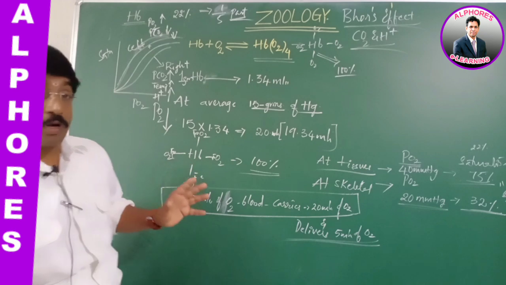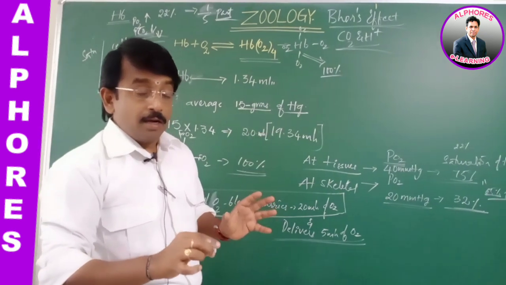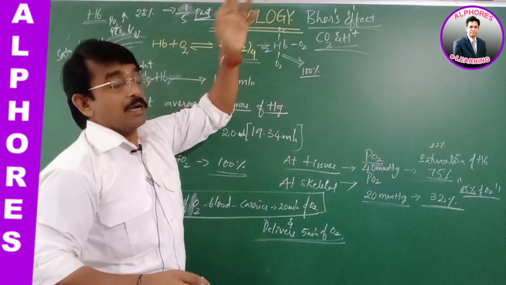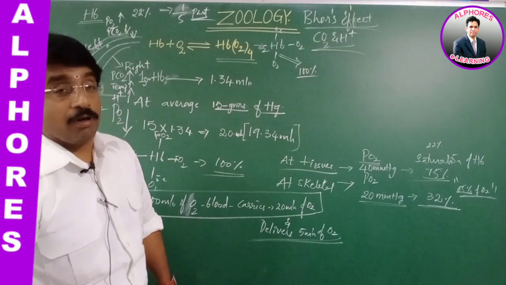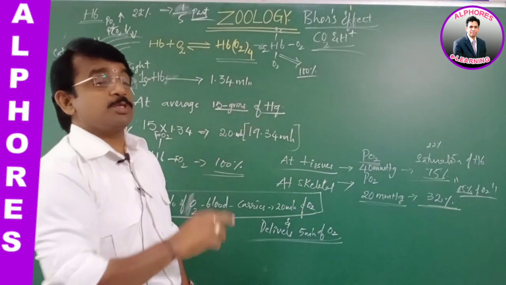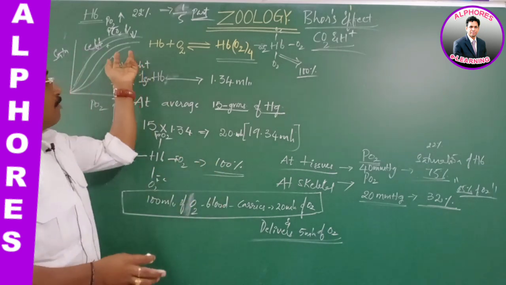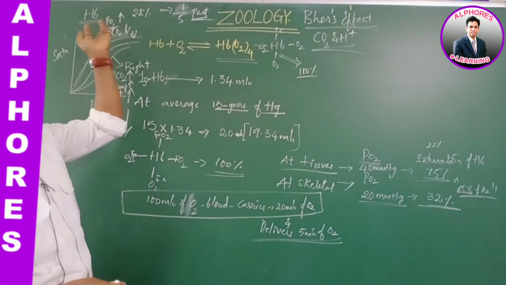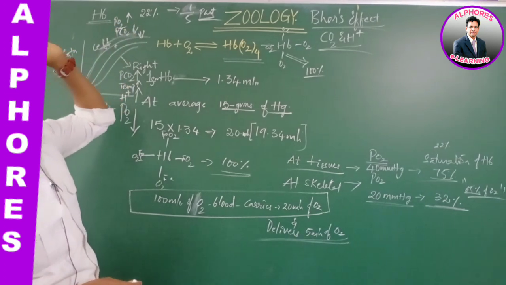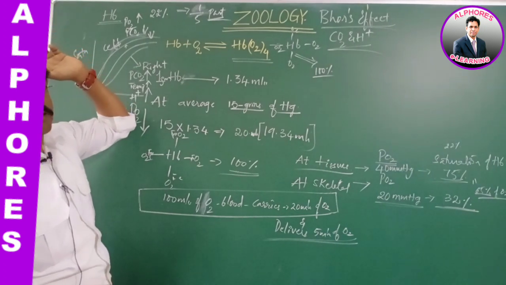These are the factors influencing the Bohr effect, which is nothing but the effect of CO2 and H plus on the oxygen carrying capacity or saturation of hemoglobin with oxygen. The sigmoid curve, or oxygen dissociation curve, explains the relationship of partial pressure of oxygen with saturation of hemoglobin.